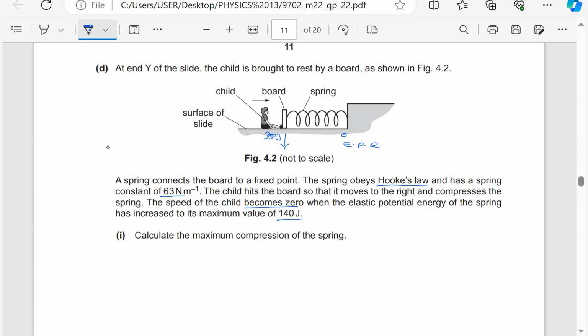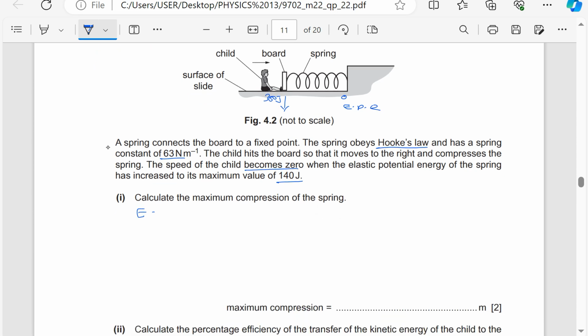Okay, so calculate the maximum compression of the spring. So we know that elastic potential energy is a half k x squared. So the energy is 140. So this is going to be a half, which is 0.5. They gave us k as 63, then times x squared. So what is x? X is going to be the square root of 140 divided by 0.5 times 63.